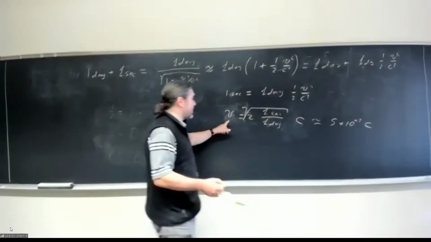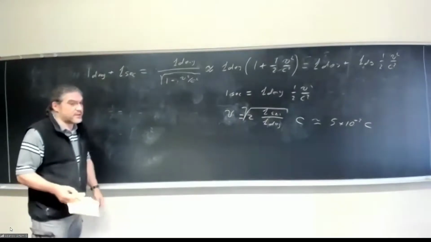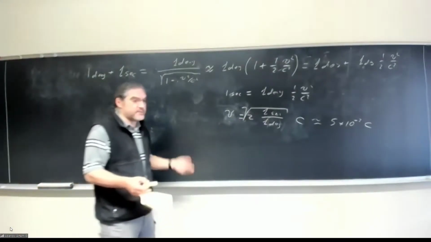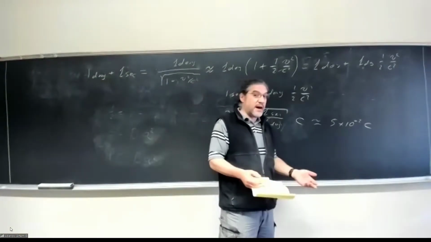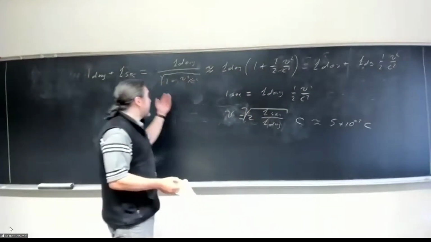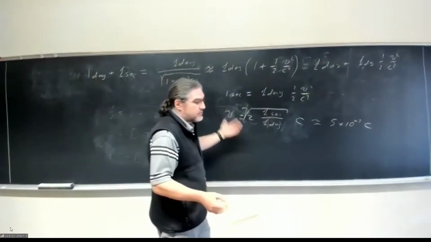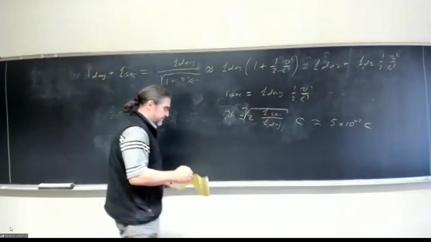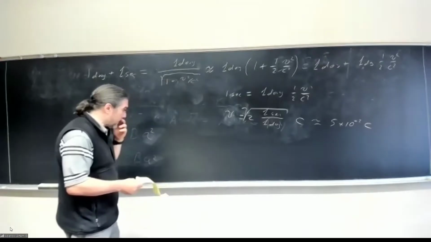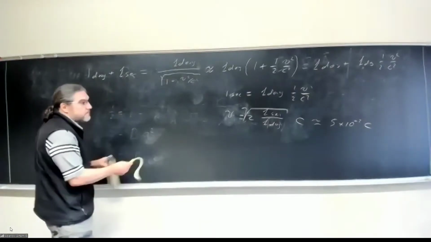So that is actually a huge speed, beyond what we can achieve by far. So even to gain that little 1 second, you have to travel at a very, very large scale. Okay, that makes sense.